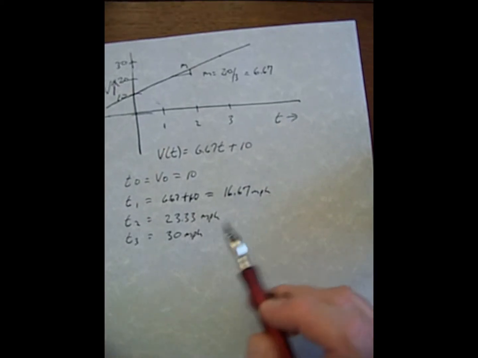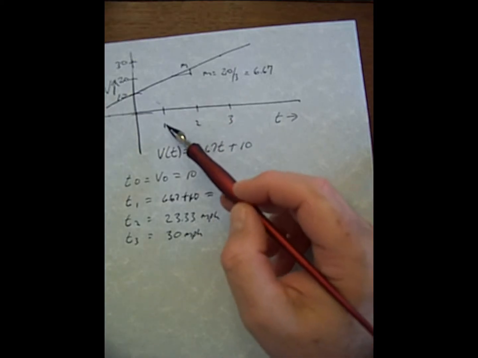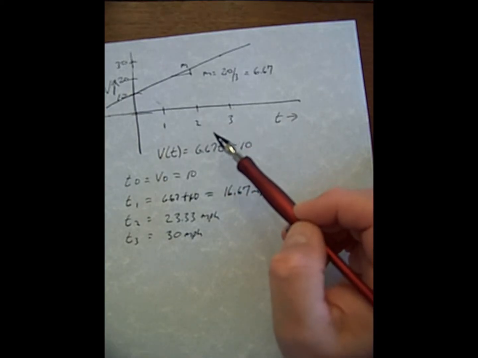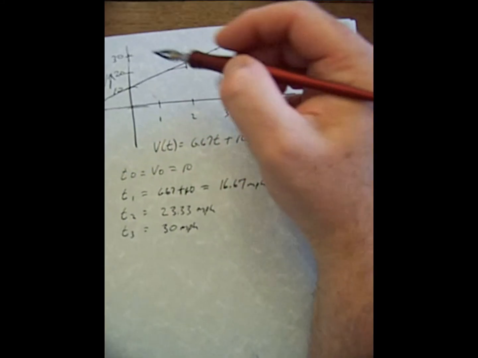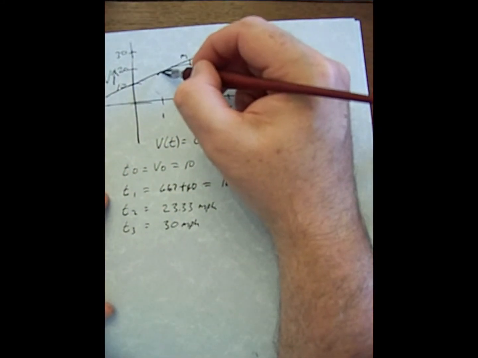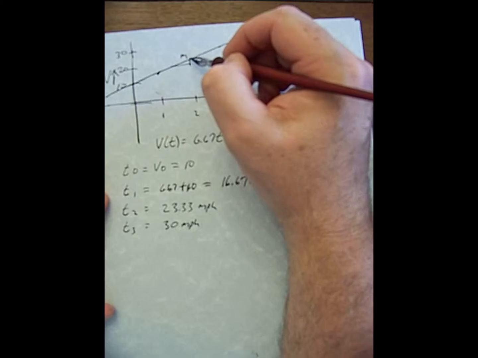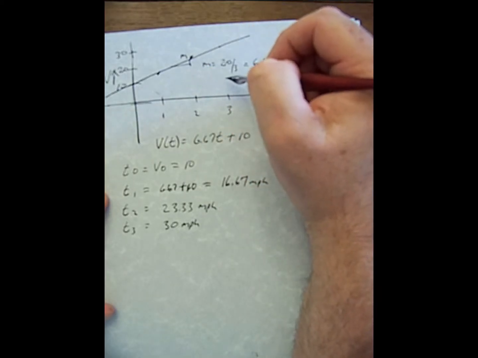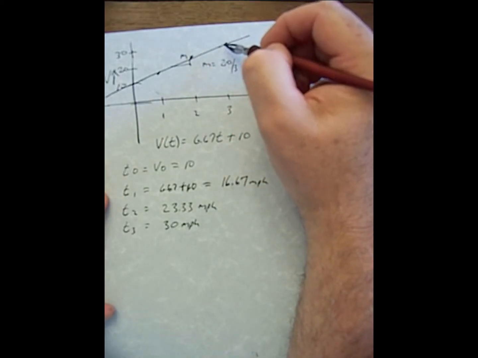So as time increases, first hour, second hour, third hour, our velocity is increasing from 16 miles per hour to 23 miles per hour to 30 miles per hour.